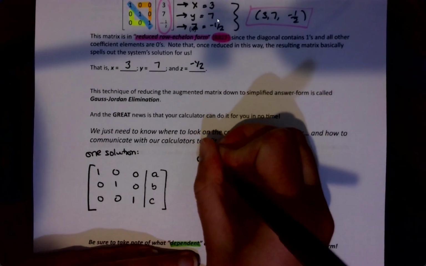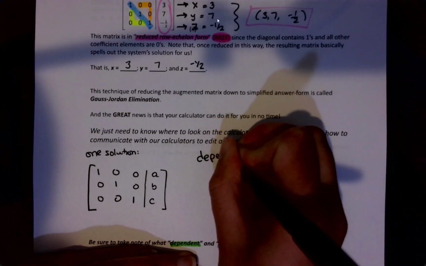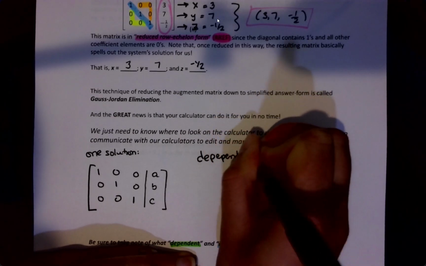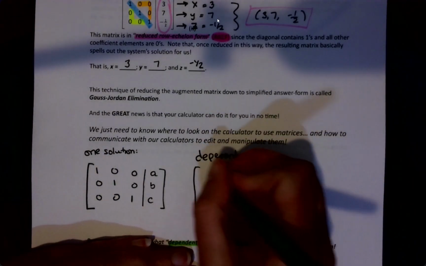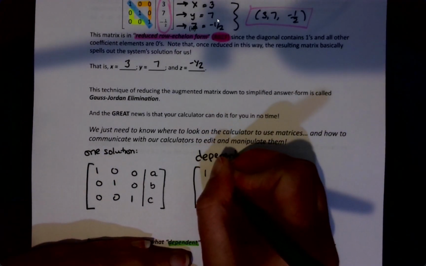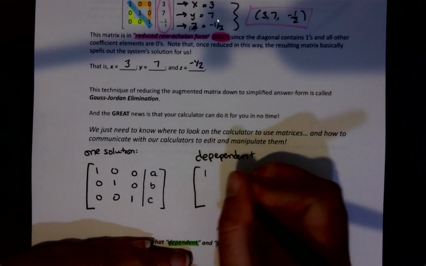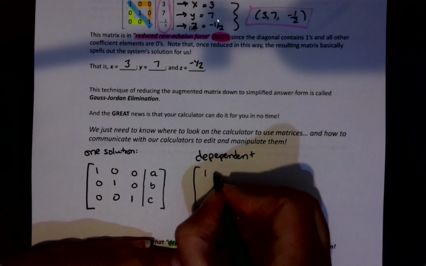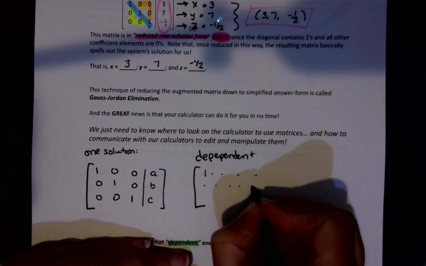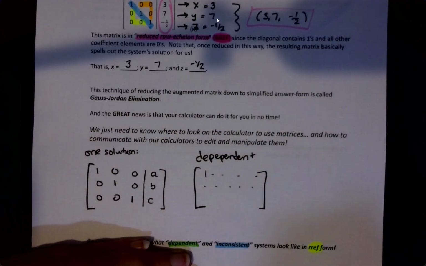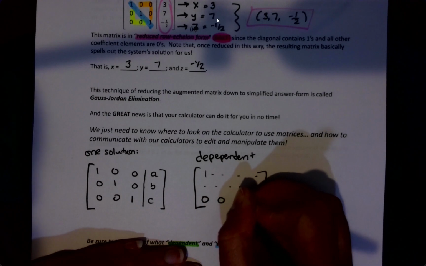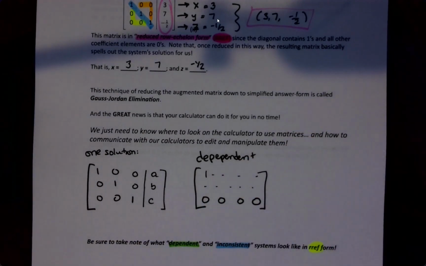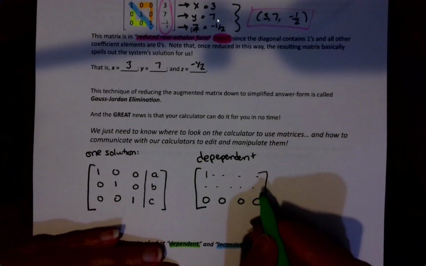If it is dependent, what's going to happen is we'll still have something across the top. So this top could change a little bit. I'm actually not going to fill in these top two rows. What's going to happen for sure in the dependent case is that your bottom row is going to come out where there is no 1. It's going to come out as something like 0, 0, 0.